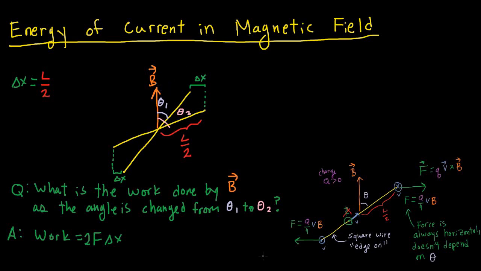And likewise for this length right here being cosine of theta 2. So okay, so delta x equals L over 2 times cosine of theta 2 minus cosine of theta 1.